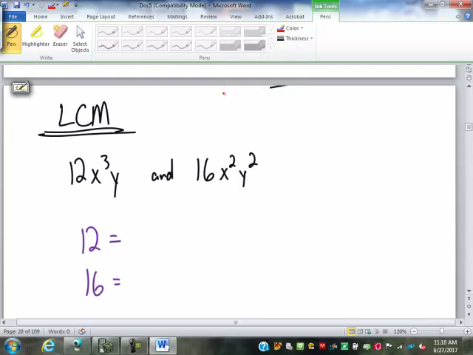If you did the factor tree on 12, 2 times 2 times 3. If you did 16, it's 4 2's.